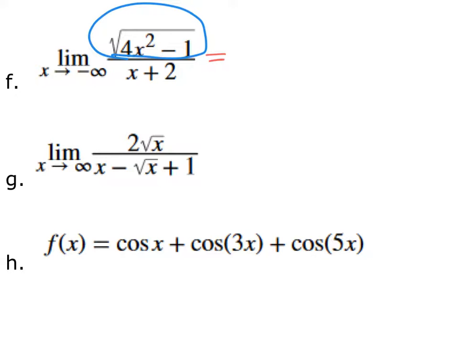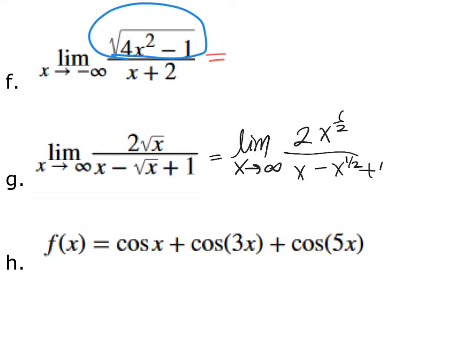So I'm going to write this as the limit as x goes to infinity of 2 times x to the 1/2 over x minus x to the 1/2 plus 1. When I do the division of my highest power, which is x, I'm going to divide everything by x.